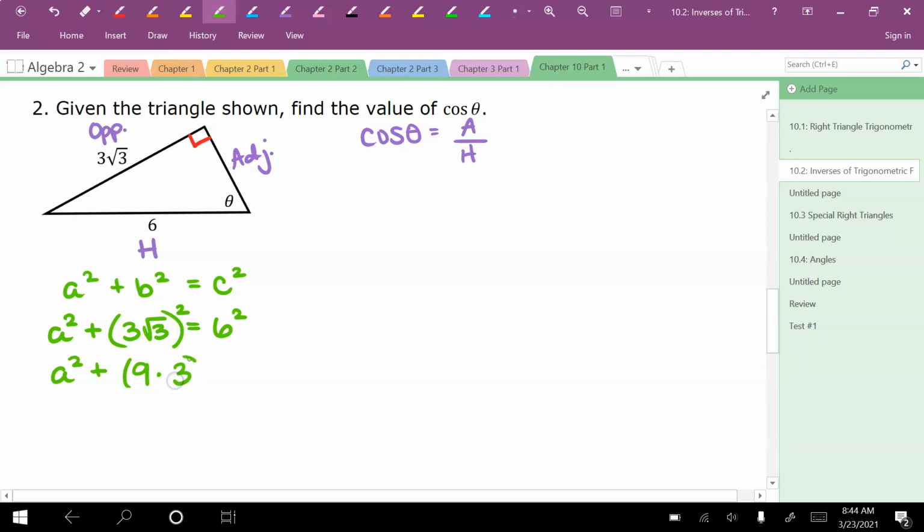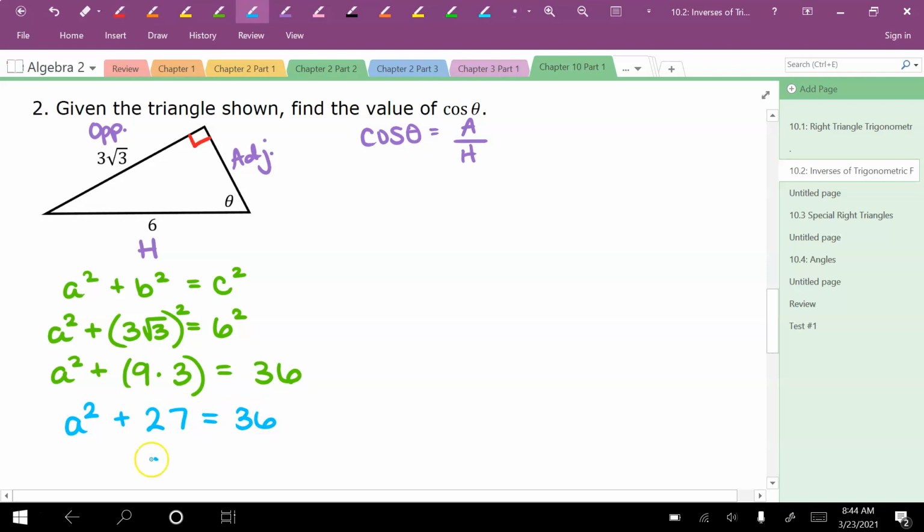So I've got 9 times that 3 that came out. Remember the 9 came from squaring this first 3 here. And then times this 3 that came out, and then equals 36. So 9 times 3 is going to be 27. So I have a squared plus 27 equals 36.